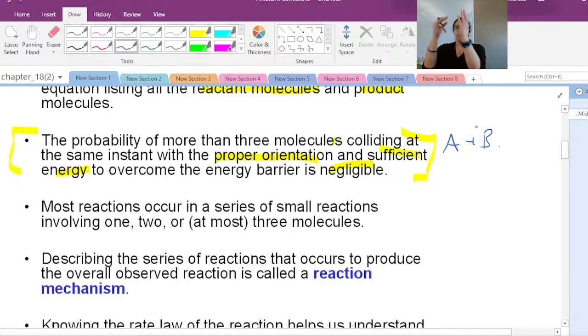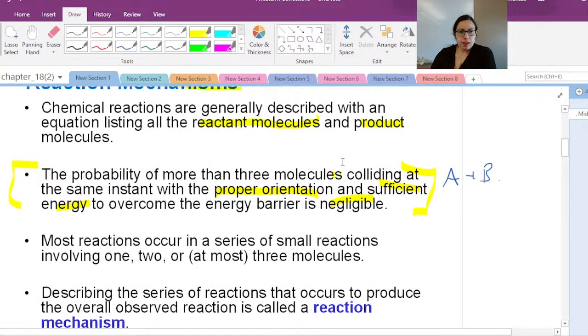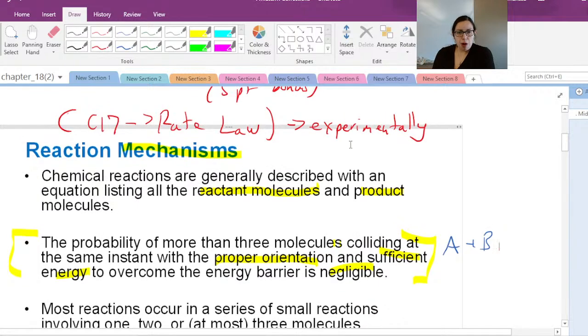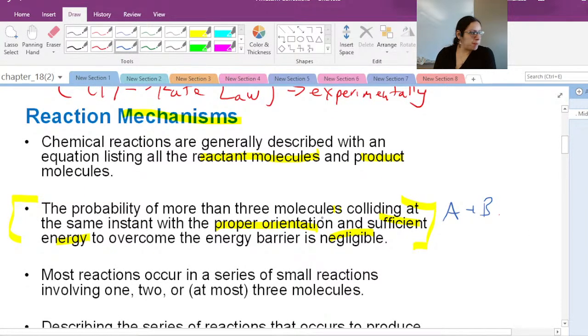Because 3 things at the correct orientation, that's probably not likely. And of course, from our rate law, we're not saying that we can't have all these things involved, just that it's not necessarily happening at the same time.